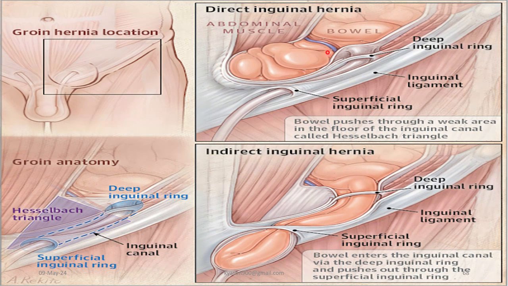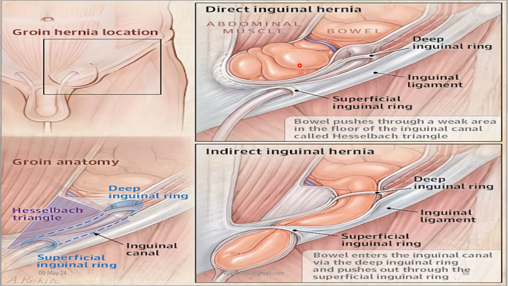So these inferior epigastric vessels are going to be landmarks. Sonographically, when you reach the time of scanning for these hernias, you always use these vessels as landmarks. If the herniation is medial to the inferior epigastric vessels, that's a direct inguinal hernia.